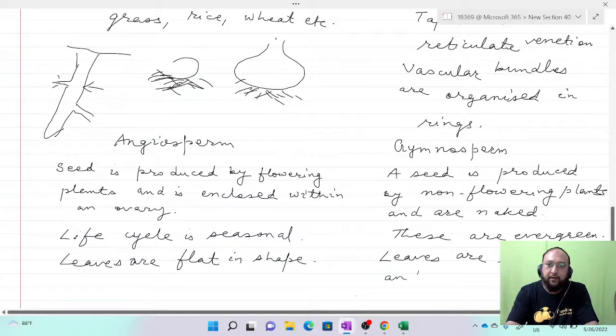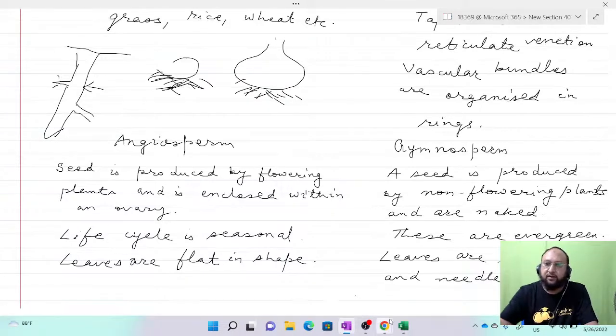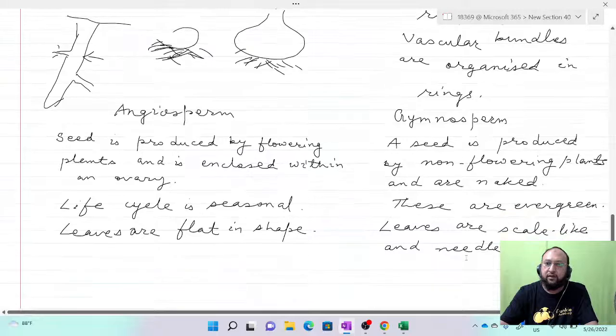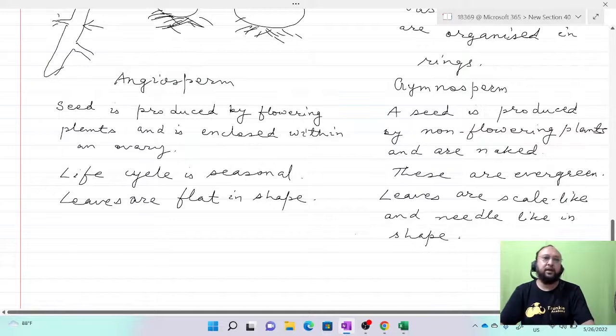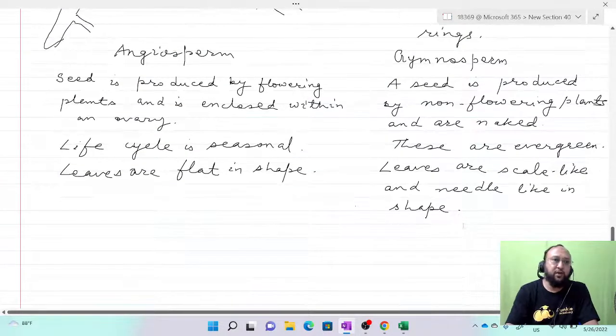Another very interesting point is the hardwood type.